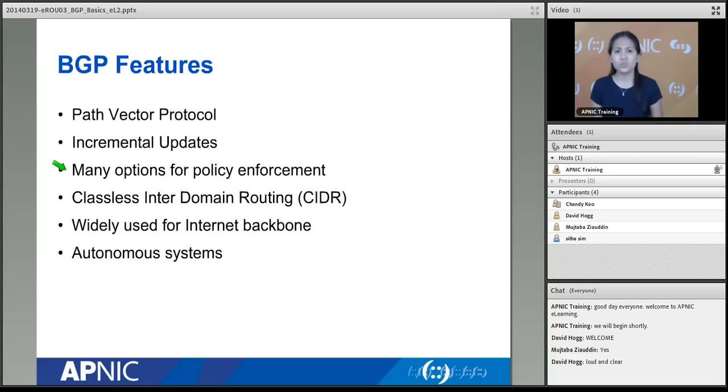Now, BGP chooses routes using an algorithm. It's a deterministic algorithm that assesses the path attributes and chooses the most efficient route that will avoid routing loops. Now, the way that you select these routes can also be controlled through a set of your BGP policies.